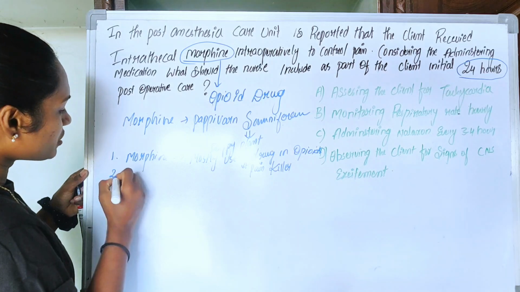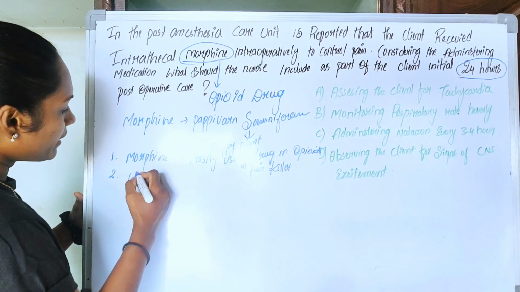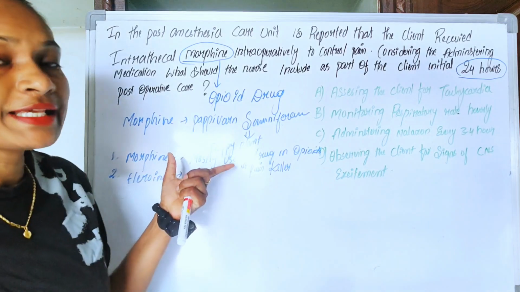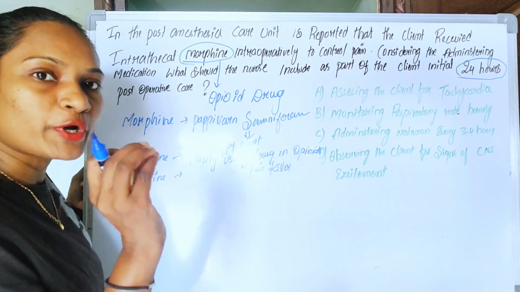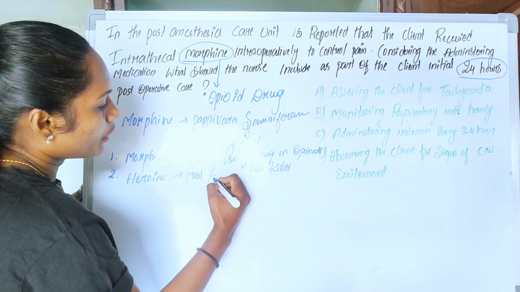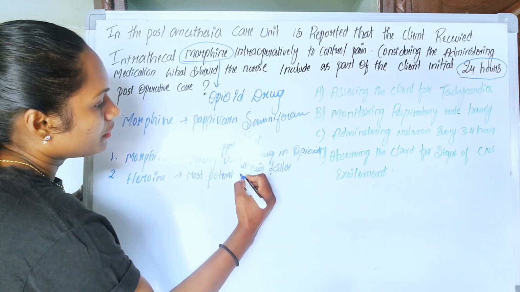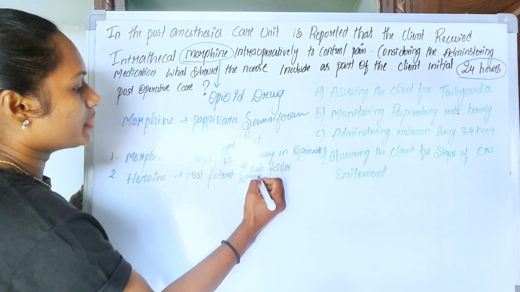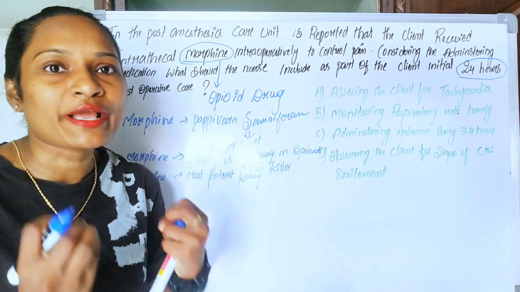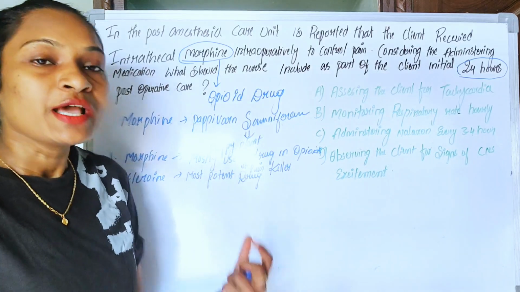Next, second one is heroin. Heroin is the most potent drug in opioids. Heroin is the very strongest medication in the opioids.